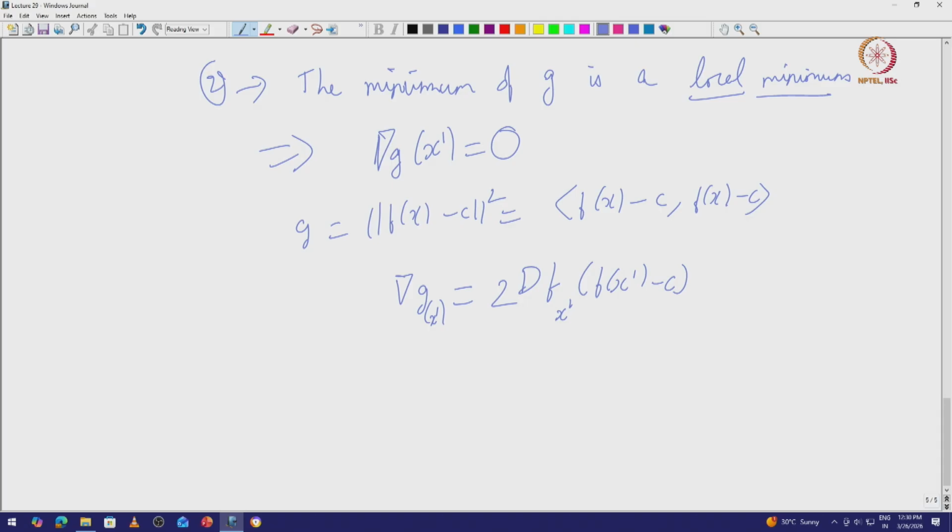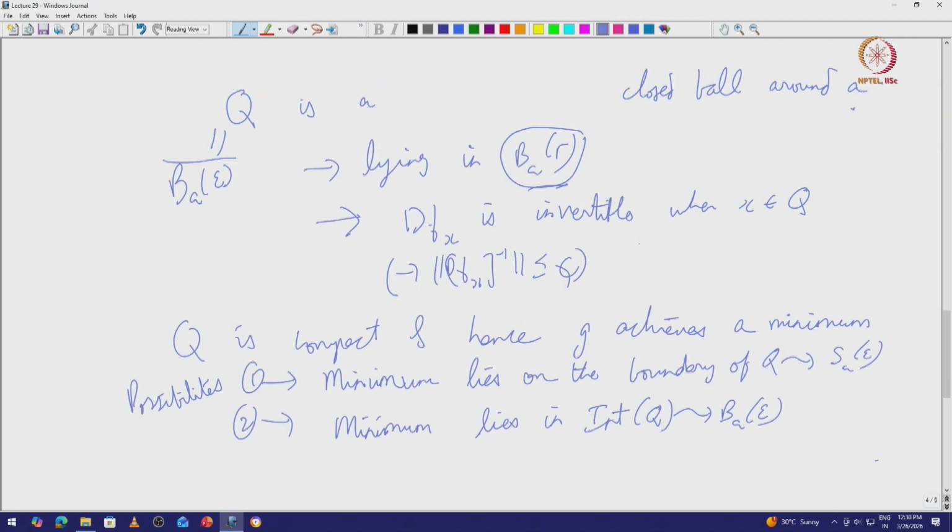So this is 0 implies f of x dash equals c. Why? Because the derivative of f at x dash is invertible. This is an invertible matrix, by hypothesis.